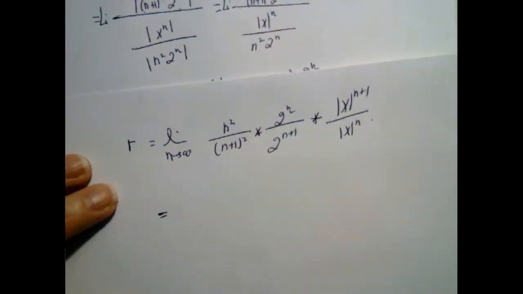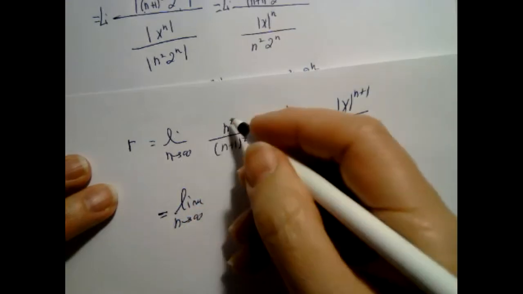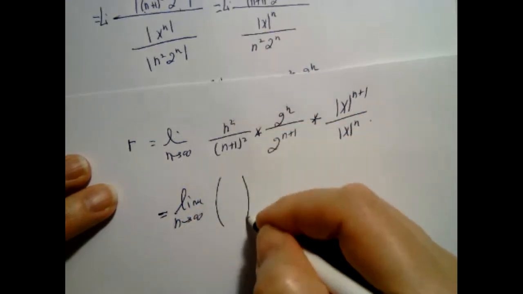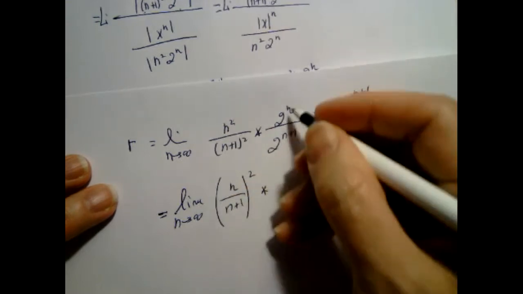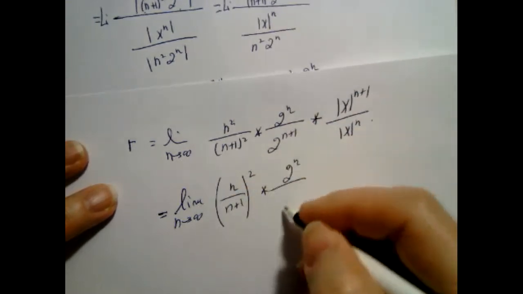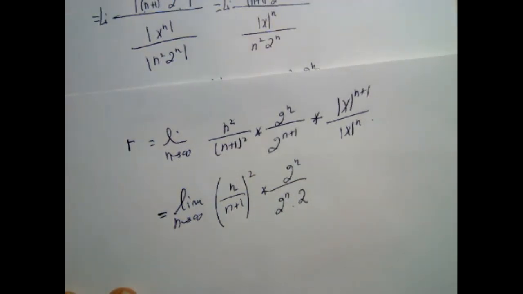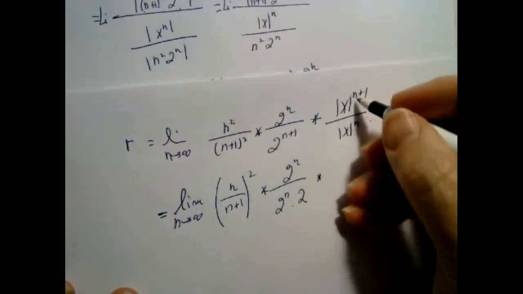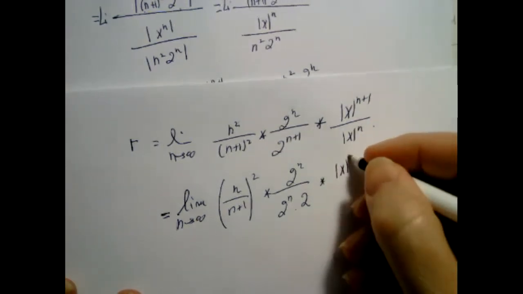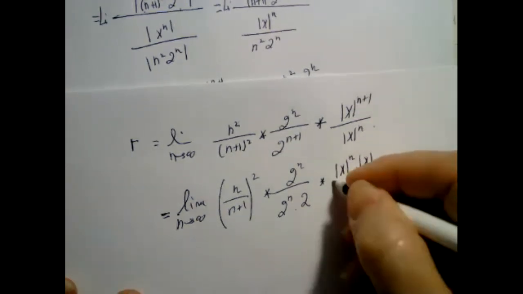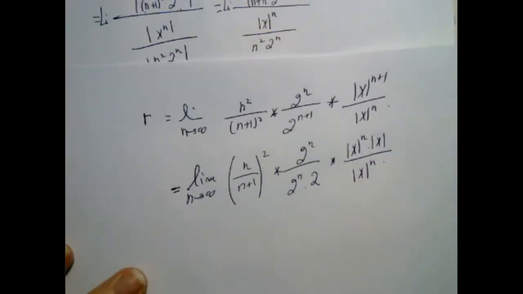The limit as n tends to infinity of n squared over n plus 1 squared; the easy way to do it is to take n over n plus 1. 2 to the n over 2 to the n plus 1, as you remember, is 2 to the n over 2 to the n times 2. Finally, absolute value of x to the n plus 1 over absolute value of x to the n is the absolute value of x. Exactly the way we did the ratio test.